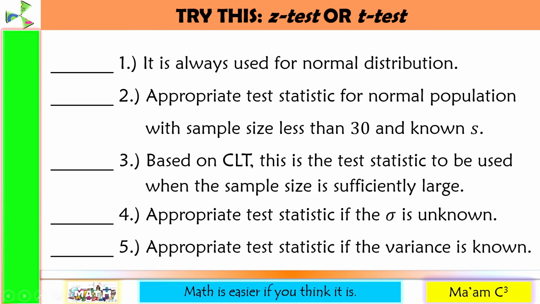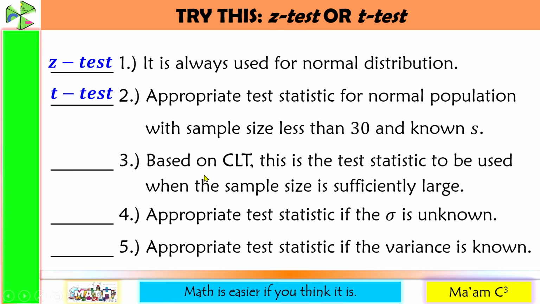Try this, z-test or t-test. Number one, it is always used for normal distribution. The answer is z-test. Number two, appropriate test statistic for normal population with sample size less than 30 and known sample standard deviation. Answer here is t-test.